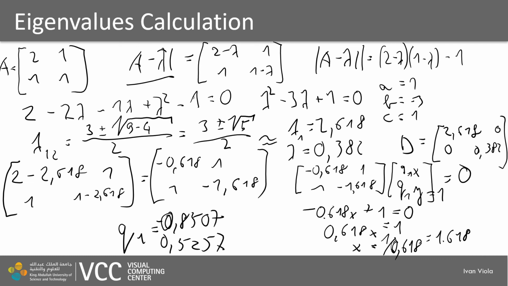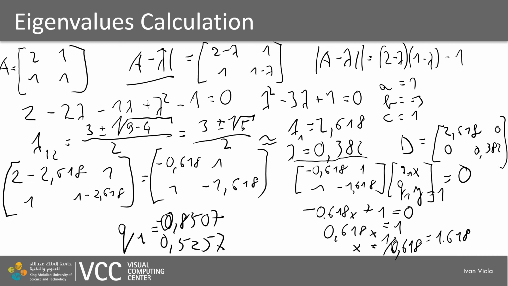If we want to calculate the second eigenvector, we will simply put in the second eigenvalue, which is 0.382. I will not bother you with the lengthy calculation.